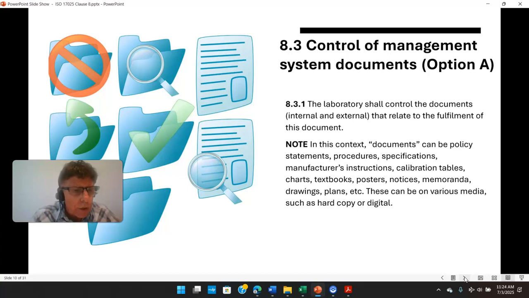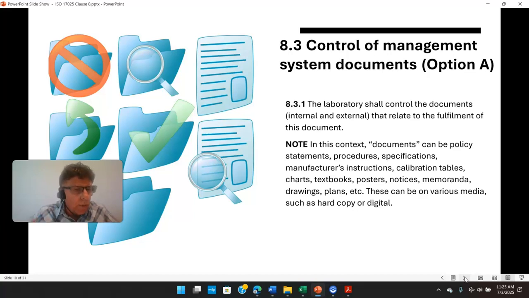It might be a document that your accreditation body requires you to adhere to, such as a policy that your accreditation body has. Typically, those policies are in alignment with the International Laboratory Accreditation Committee, which is a third-party regulatory body that audits the accreditation bodies themselves, which impose policies for their laboratories to address.